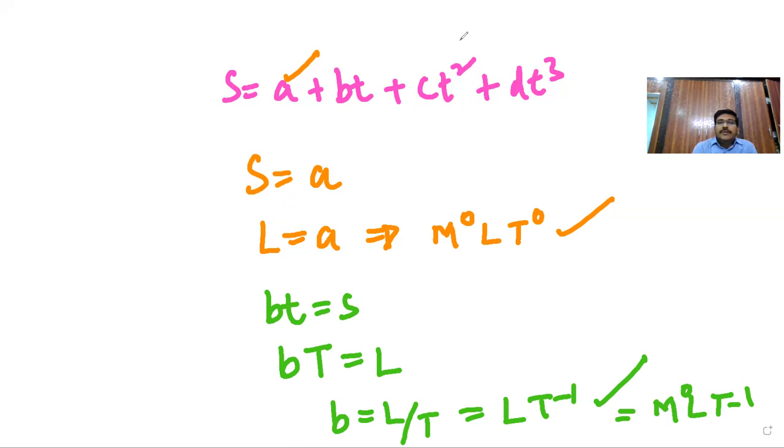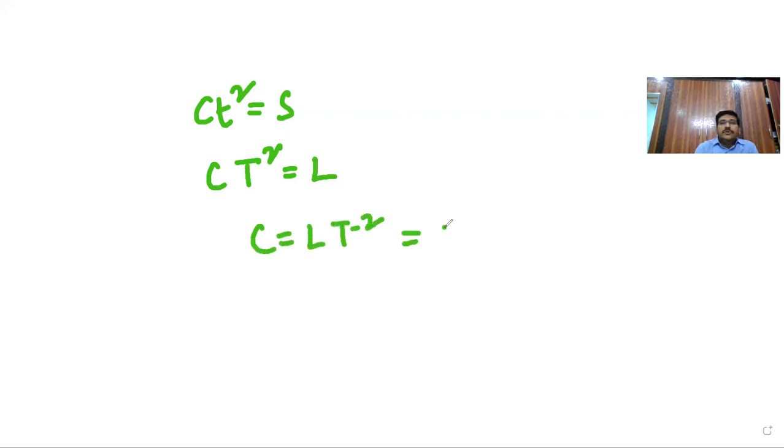Similarly, the third term on the right hand side, CT square is equal to S. So C into T square, S is L, so C is equal to LT minus 2. So clearly M to the power of 0, LT minus 2.